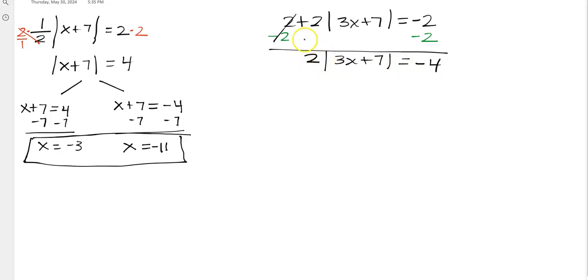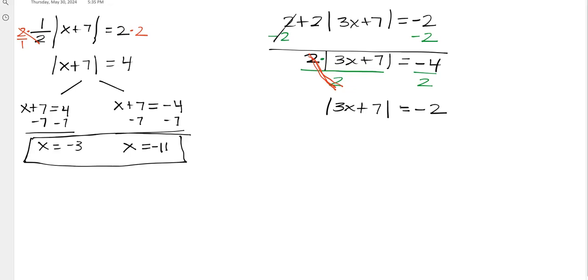And then this is connected by multiplication, so to undo that, I'm going to divide both sides by 2. And so these 2's divide out. That leaves me with the absolute value of 3x plus 7 equals negative 4 divided by 2, which gives me negative 2.